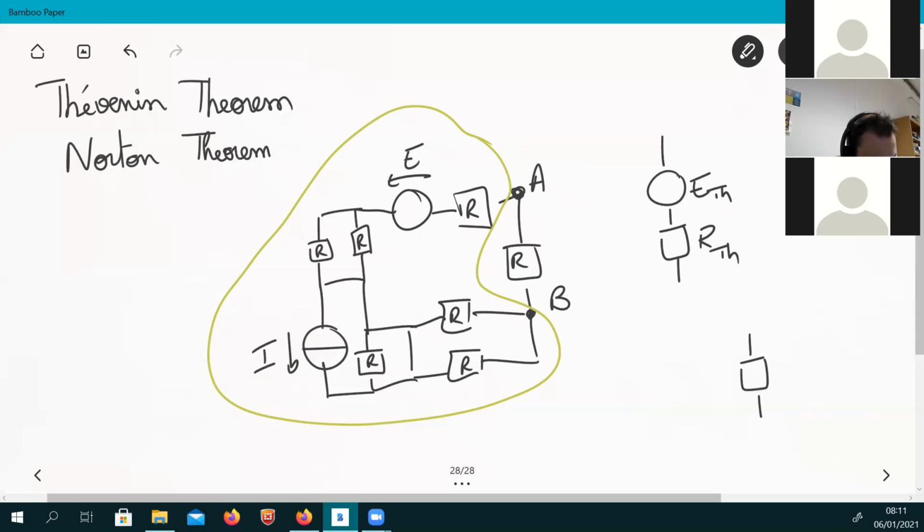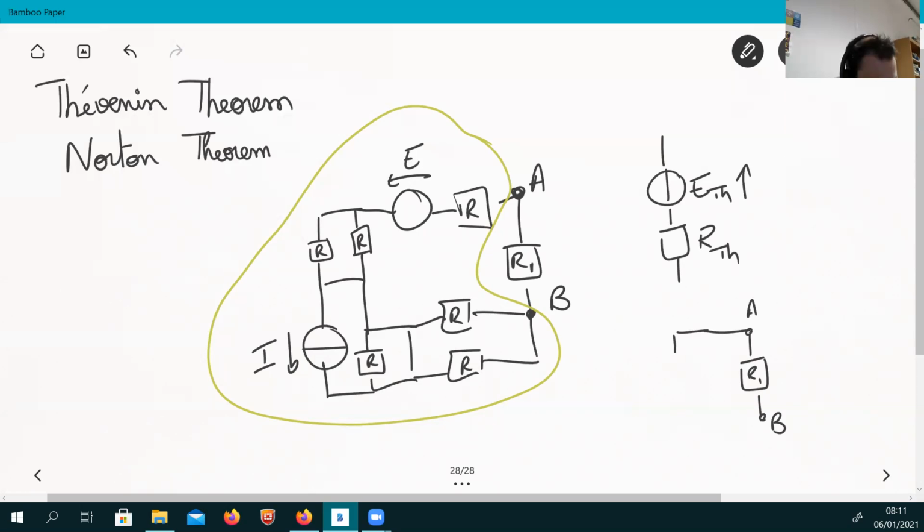In between A and B, I have this resistor R1, and the rest of the circuit was simplified using the theorem by this. And that's it. Of course, the idea is to simplify your circuits greatly. This is Thevenin, and this is what we call the Thevenin generator or Thevenin model.